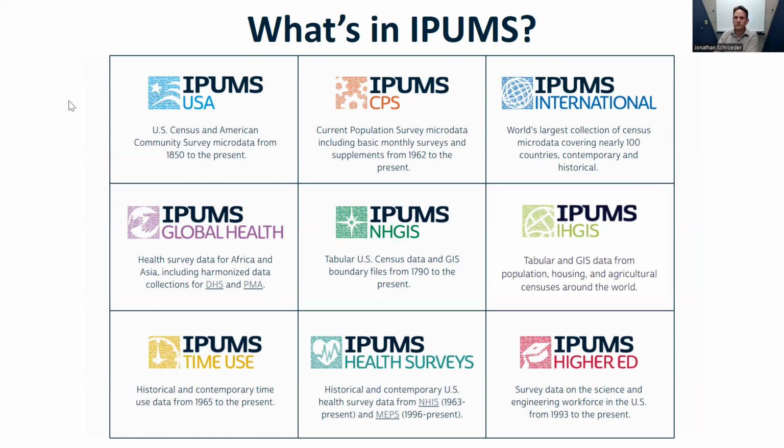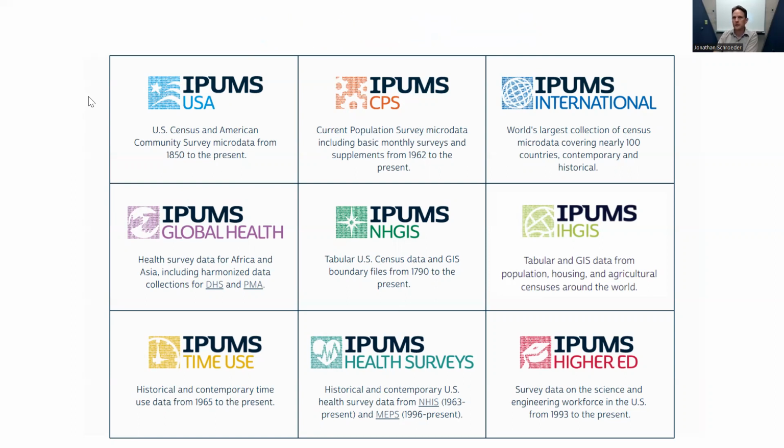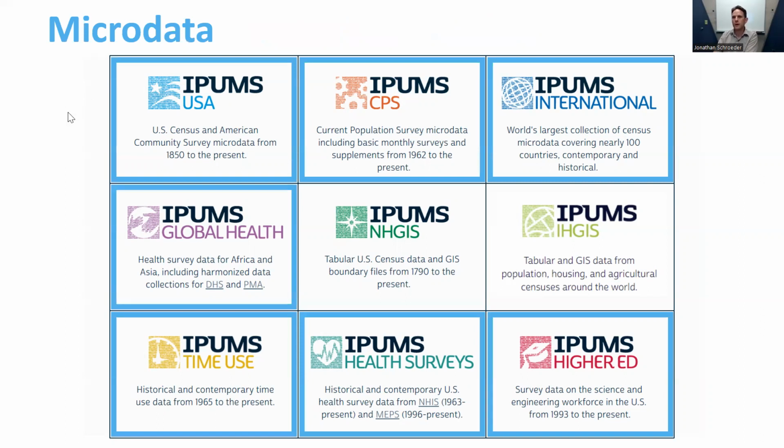What's in IPUMS? We've got these 9 major categories of projects. And of these, most provide microdata. Microdata is data for individual respondents to a census or survey. It provides all of the responses that an individual provided.